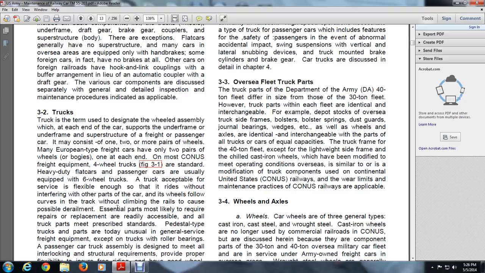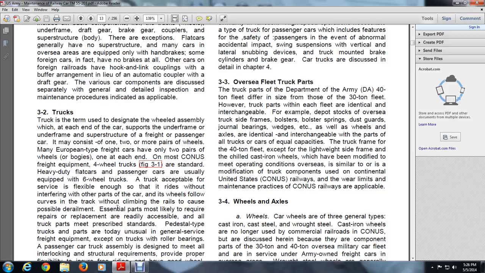3-3. Overseas fleet truck parts. The trucks of the Department of the Army 40-ton fleet differ in size from those of the 30-ton fleet. However, the truck parts within each fleet are identical and interchangeable. For example, the truck side frames, bolster springs, dust guards, journal bearings, wedges, wheels, and axles are interchangeable with the parts of all trucks on cars of equal capacity.